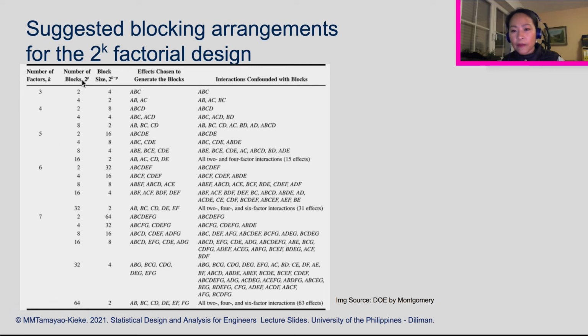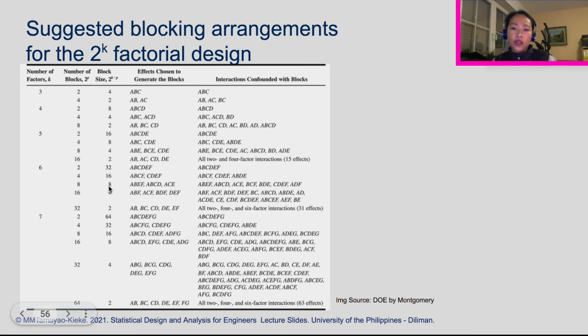Say you have two blocks, that means that p is equal to 1, and the size of each block is 2 to the k minus p. So if you have two blocks, then the size of each block would be 32 runs. The effects chosen to generate the blocks would ideally be ABCDEF, and the interaction confounded with blocks would be ABCDEF.